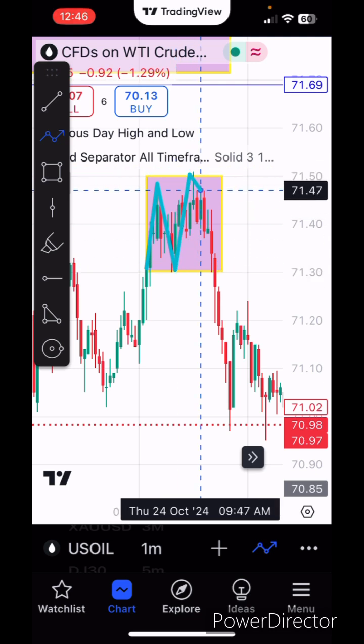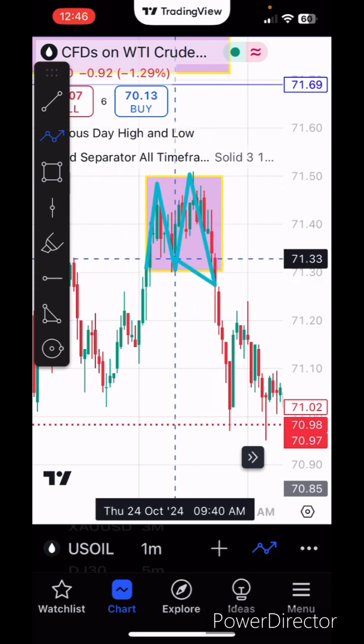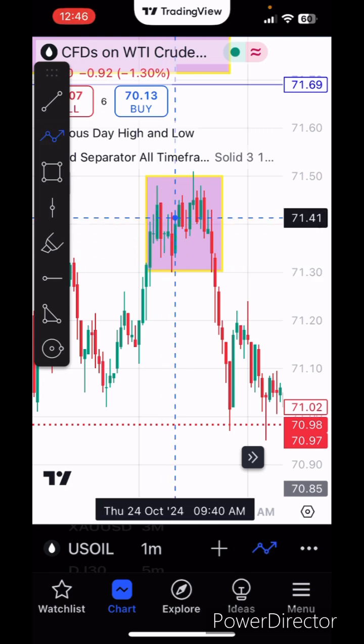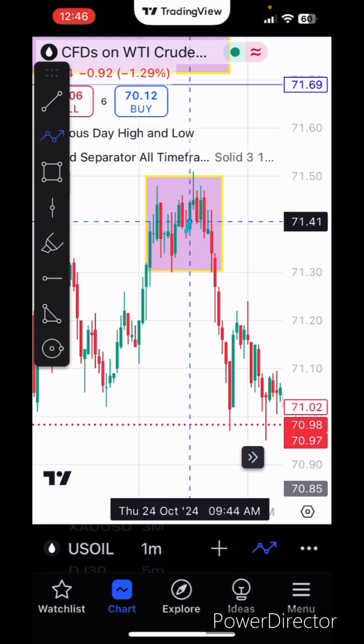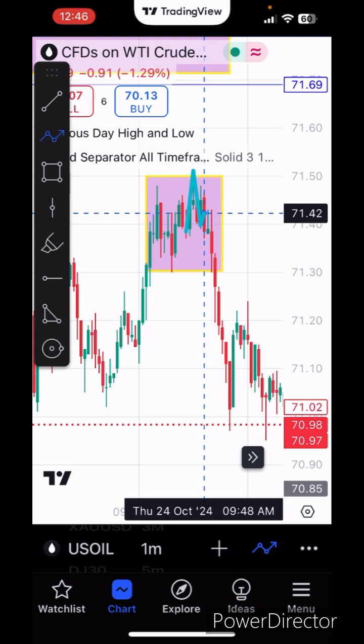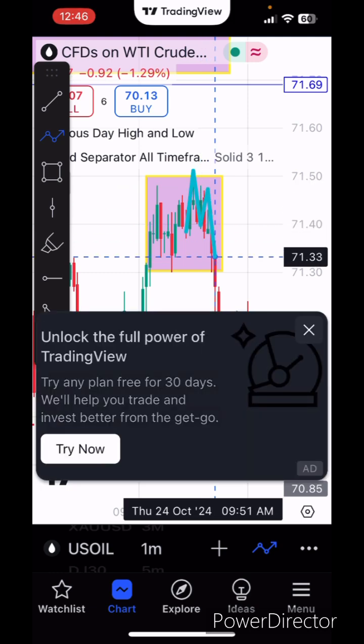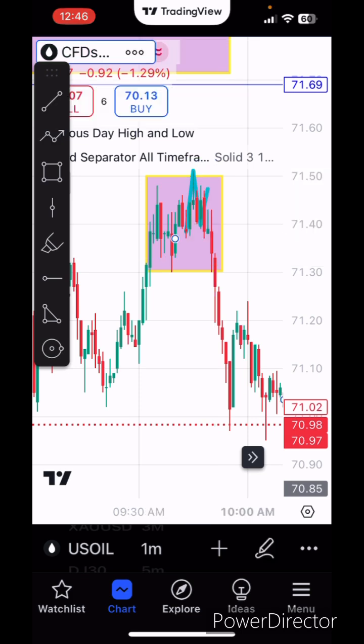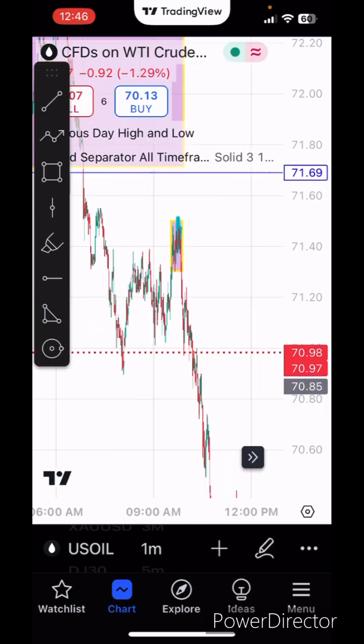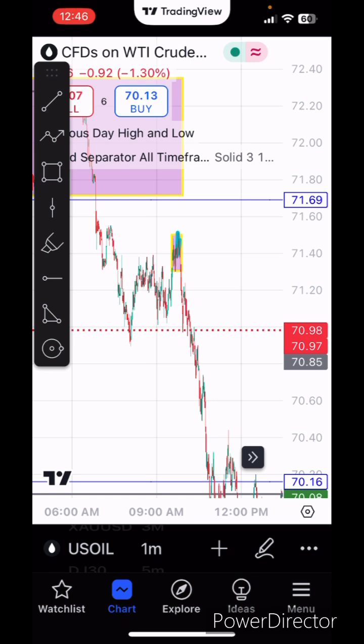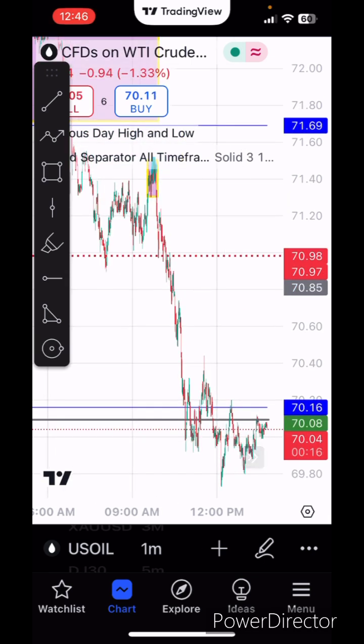Here's the M, here's the engulfment, right? Now, there's also the smaller pattern inside of that bigger pattern. Okay, multiple ways of entry, okay, for the pullback. And that's a beautiful, beautiful trade.